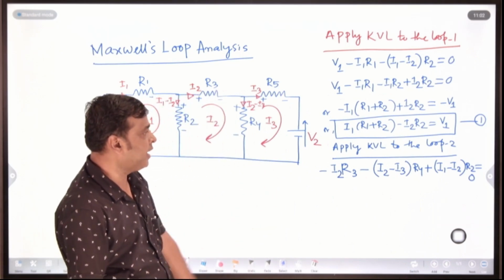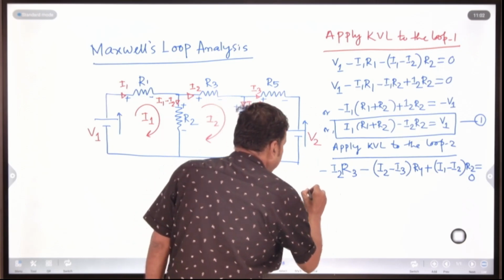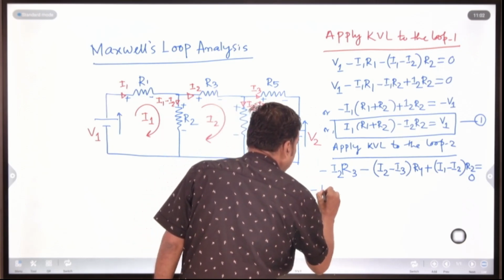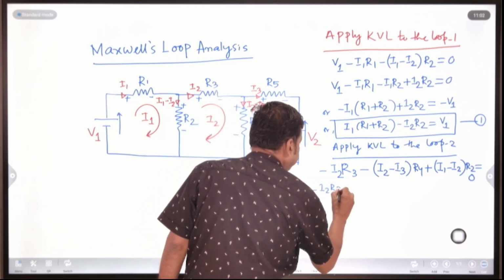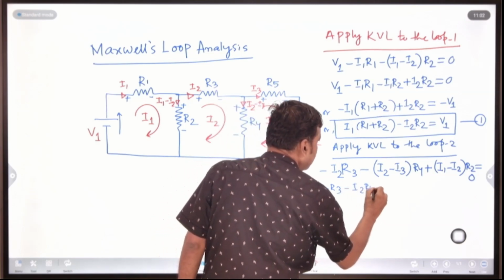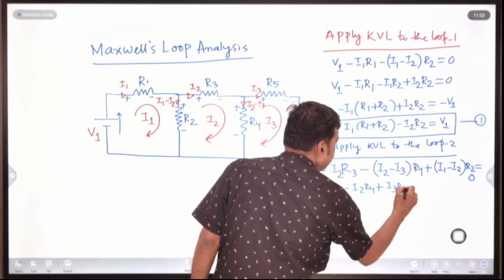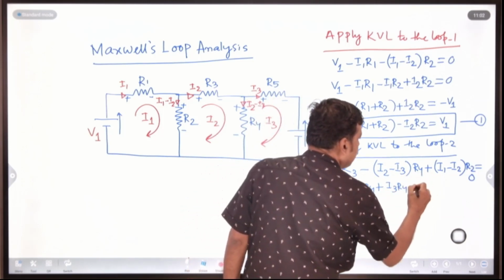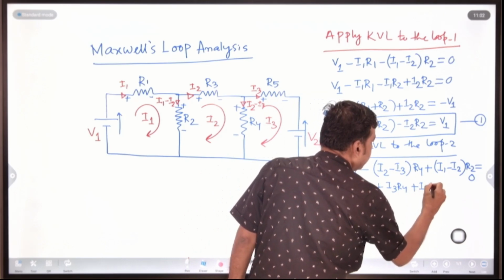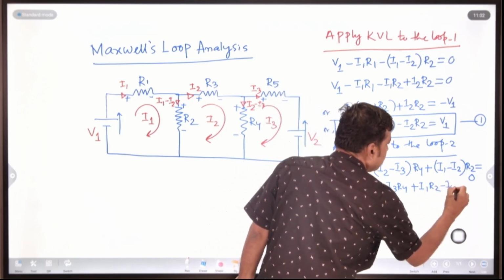So this is my second equation. Simplifying this expression, this is minus I2 R3, then minus I2 R4, again minus into plus I3 R4, then plus I1 R2 minus I2 R2.